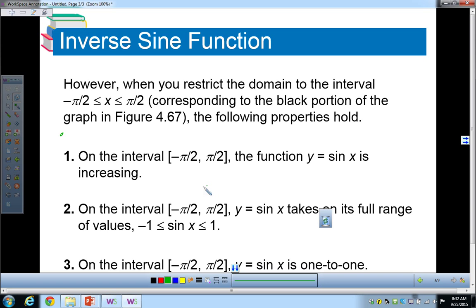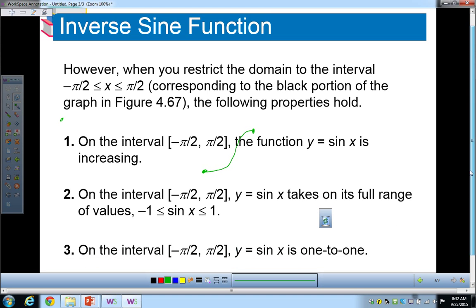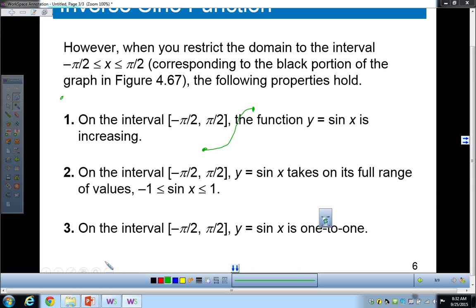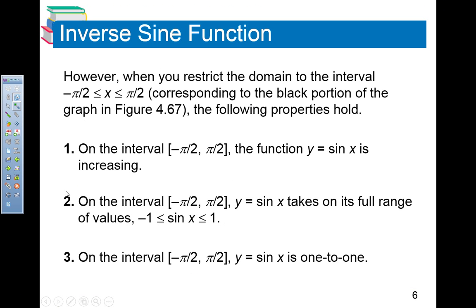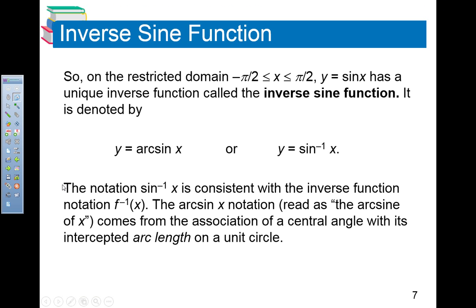If I look at it, it goes from the bottom of one side to the top of the other side, and you get all the values that sine takes on. So on the interval, it's 1 to 1. That's just what I talked about. And now, because it's 1 to 1, I can find an inverse.